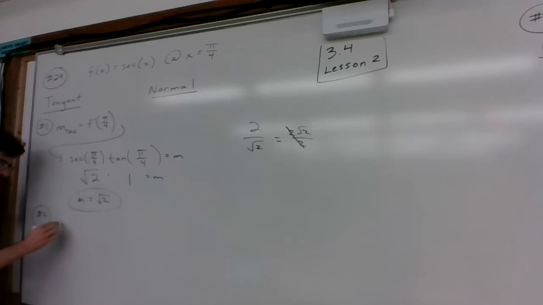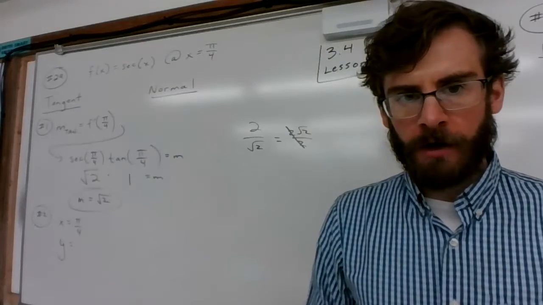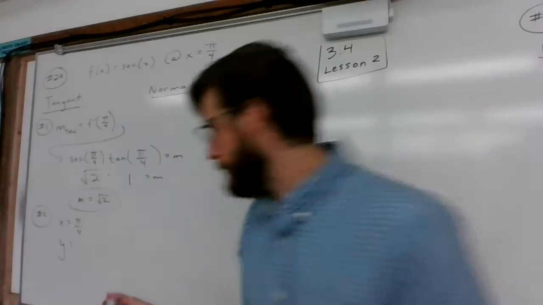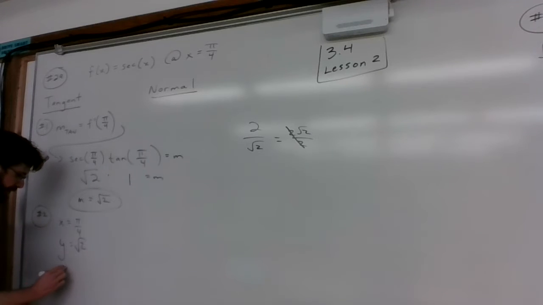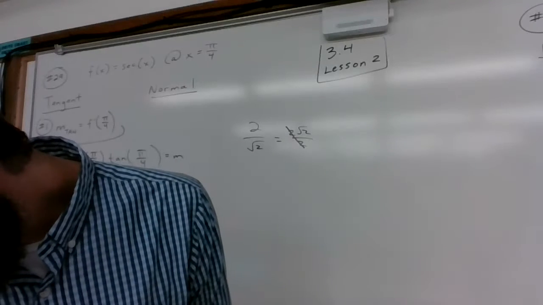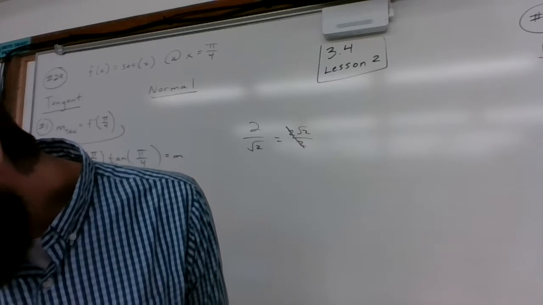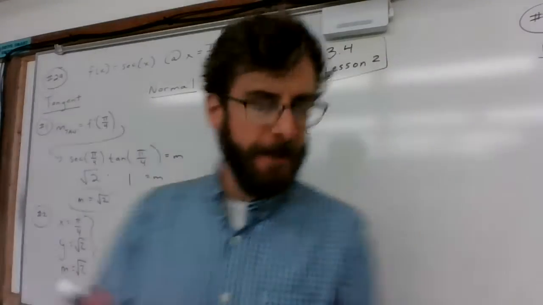Step 2, I have x, pi over 4. I need to find y. So plug in secant of pi over 4. Well, we already know what that is. It's root 2. And then our m we know is also root 2. So at this point, we can plug those values into y equals mx plus b.